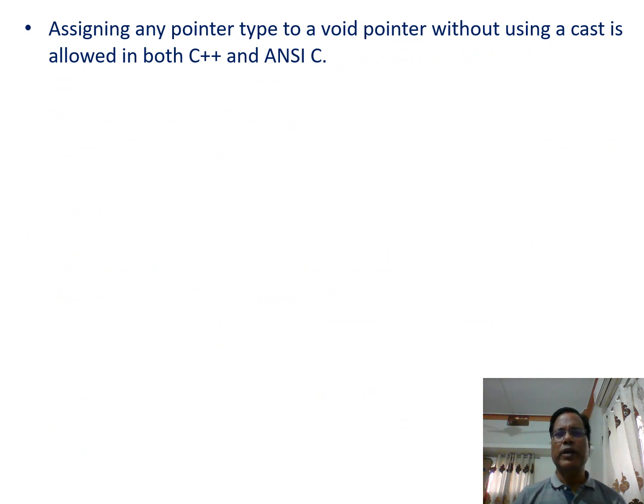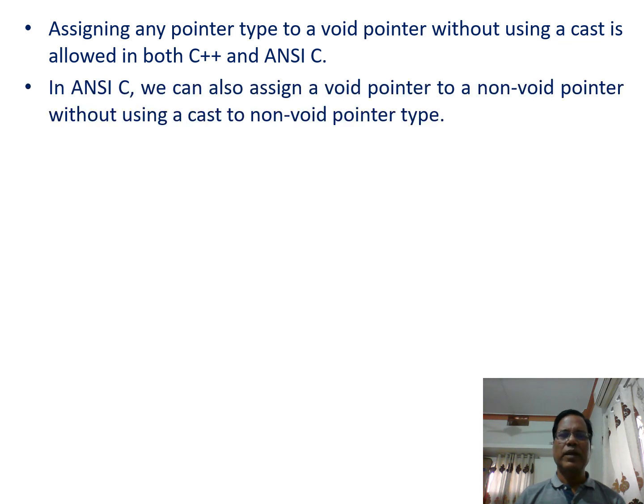Assigning any pointer type to a void pointer without using a cast is allowed in both C++ and ANSI C. In ANSI C, we can also assign a void pointer to a non-void pointer without using a cast to the non-void pointer type. This is not allowed in C++.